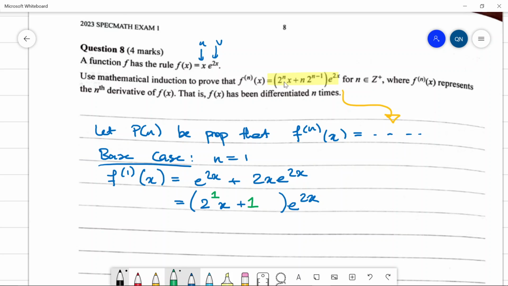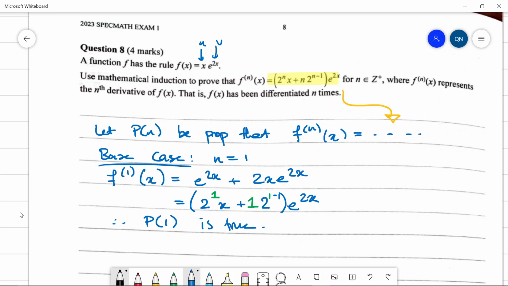So we can write this as 2 raised to the n minus 1, which is 1 minus 1, and this whole part over here, that's just 1, because 2 raised to the 0 is just 1. Okay, so looking good so far. So because we can write it in this form over here, therefore P of 1 is true.